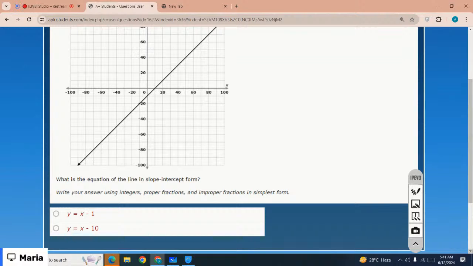The correct option is y equals x minus 10. Option number 2 is the correct option.